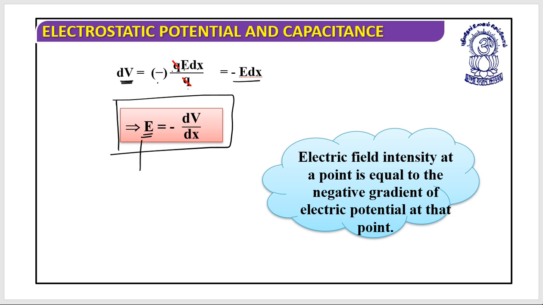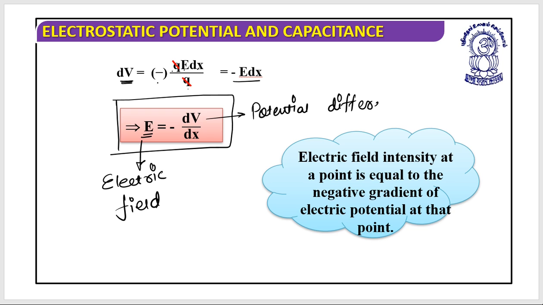Here E is the electric field, and dV is the potential difference. Yes, dx is the change in position, or you can even write it as a change in distance.